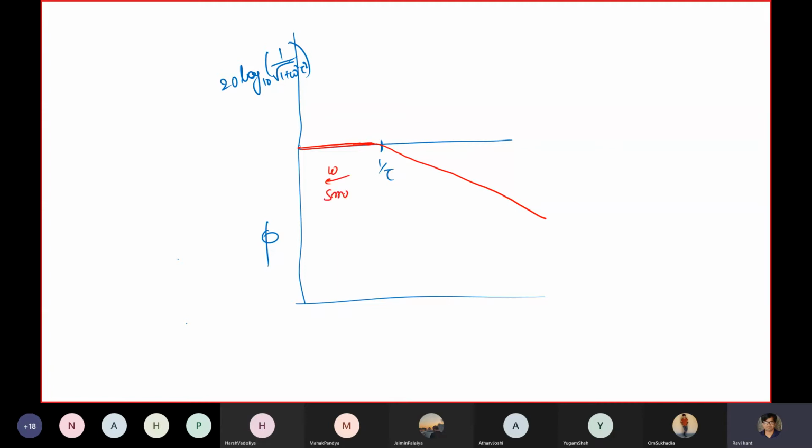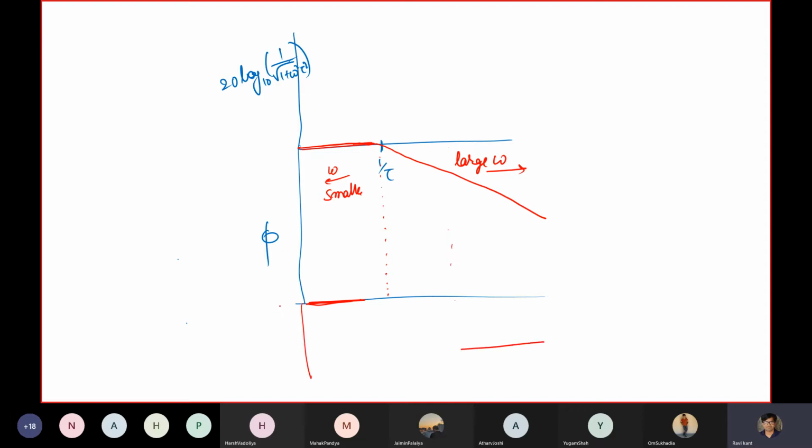For smaller omegas it will be 0 till you reach your corner frequency, and for larger omega it will have -90.